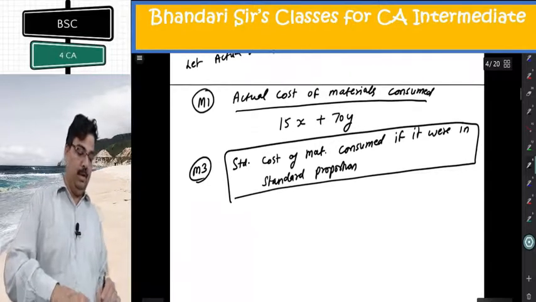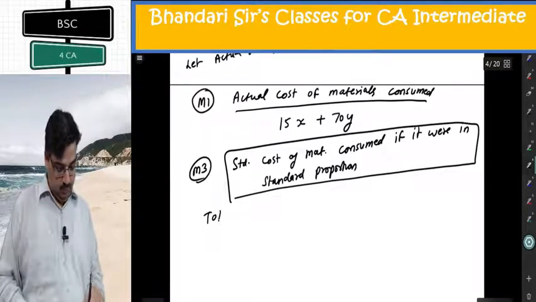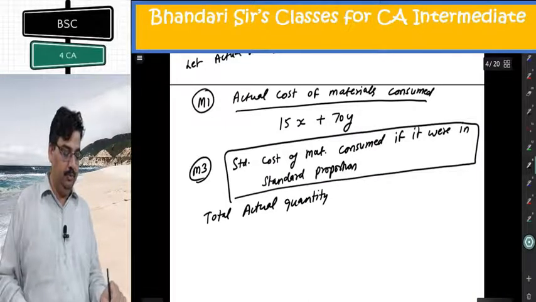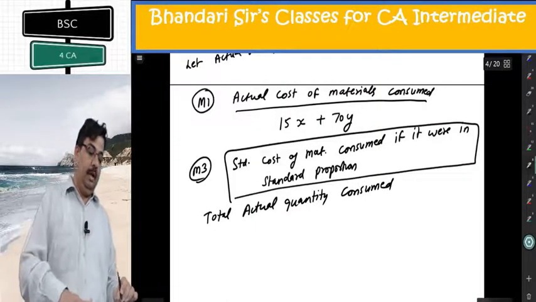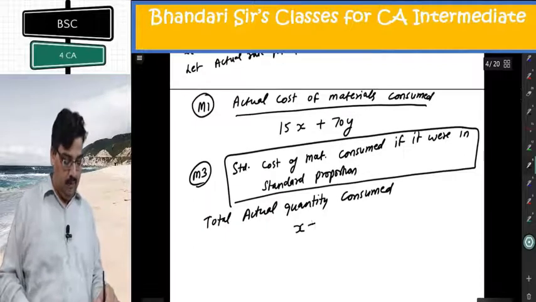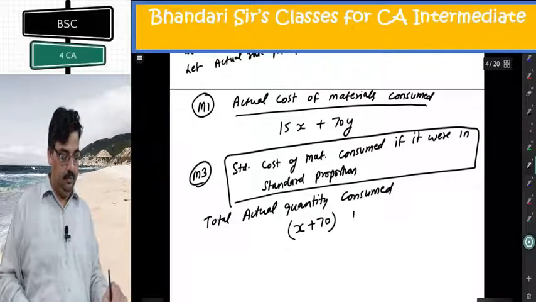Go step by step. Total actual quantity consumed. Take the total. One is X, other is 70. X plus 70 kg.